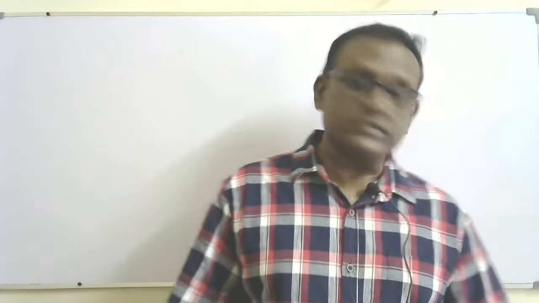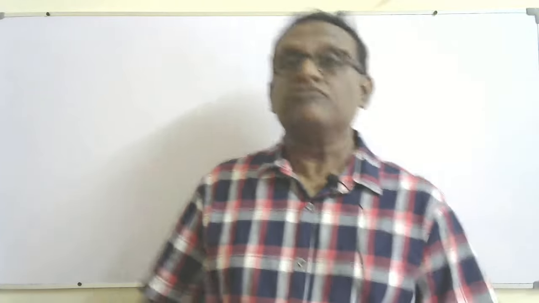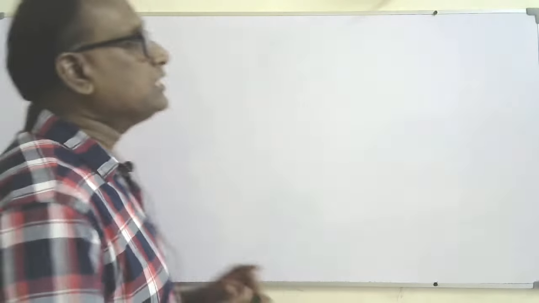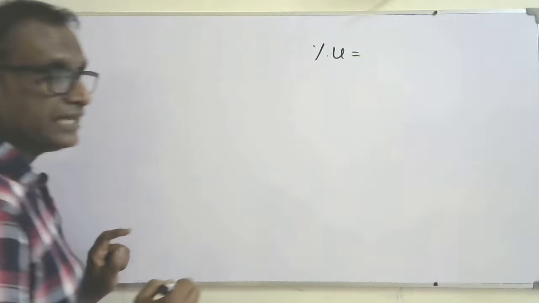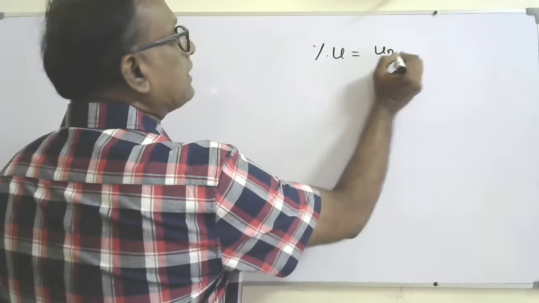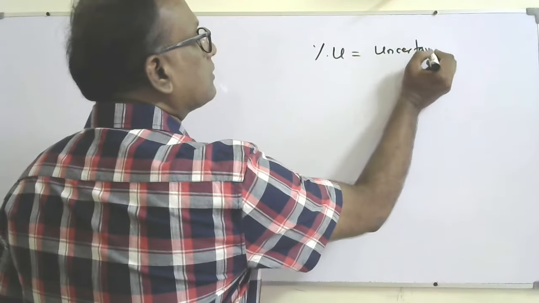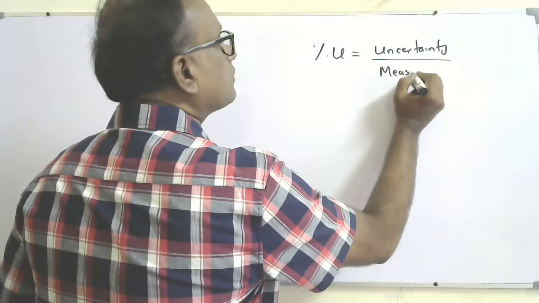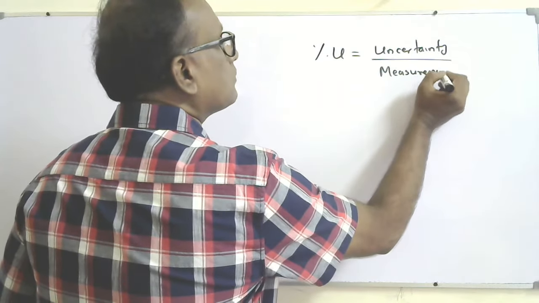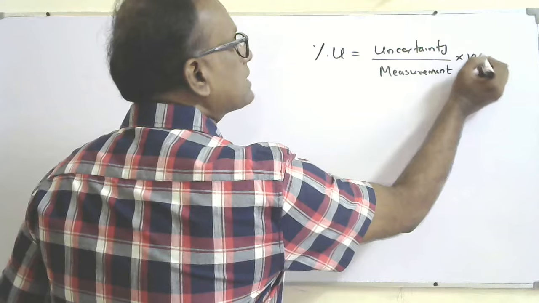Based on that, for a single measurement we can calculate the percentage uncertainty. Percentage uncertainty of a single measurement is equal to uncertainty over measurement, multiplied by 100%.